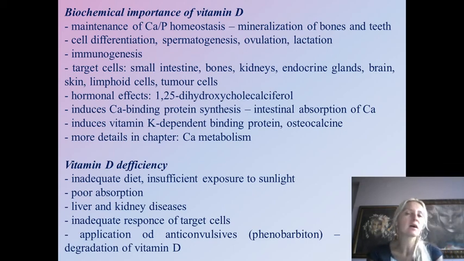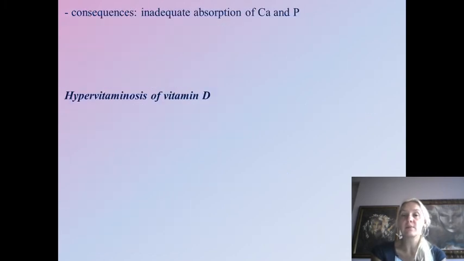So what are the consequences? Definitely disturbed absorption and metabolism of calcium and phosphates. And now I'm going to just list some of the major consequences and symptoms of vitamin D deficiency. I'm not going to go into details because you're going to do it in the upcoming chapters on calcium and the endocrine system.